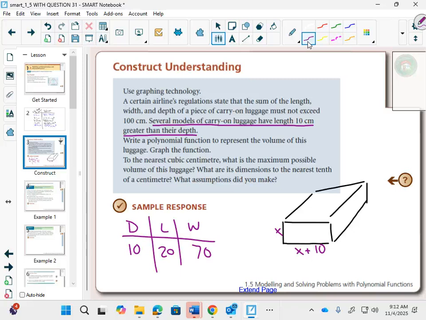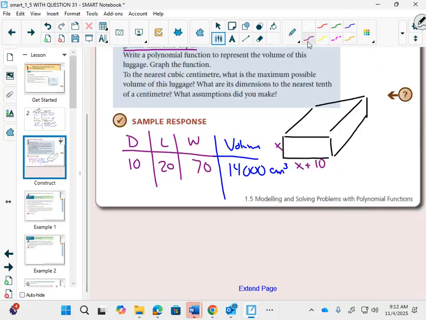And if I draw a blue line here and put volume, we would do 10 times 20 times 70, which would be 14,000 centimeters cubed. And I could put 20 in. If this is 20, that would make this 30, making this 50.